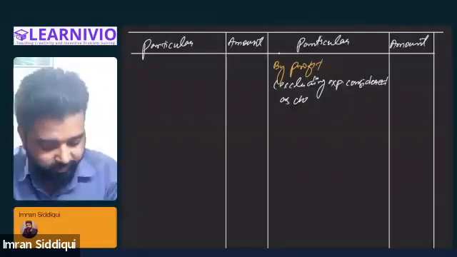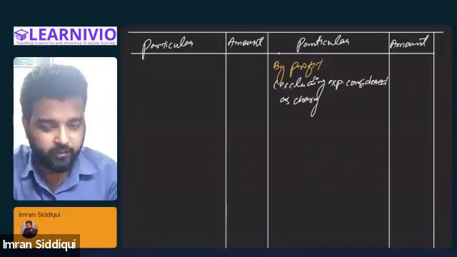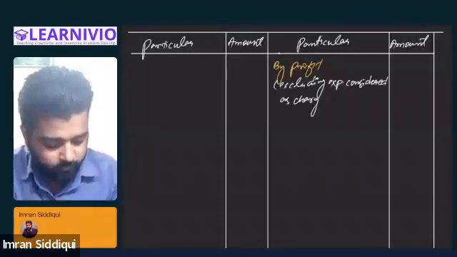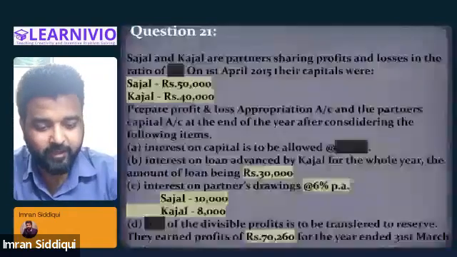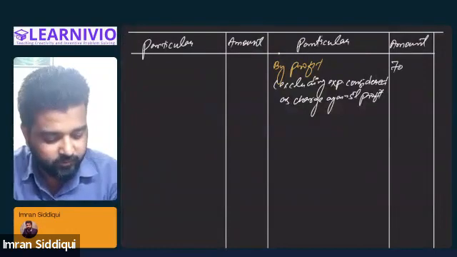You don't have to write this down. This is not compulsory to write. I'm just writing it to make it more understandable. You don't have to write it while solving this question in the exam. So we just cannot write down the entire profit 70,260 here.